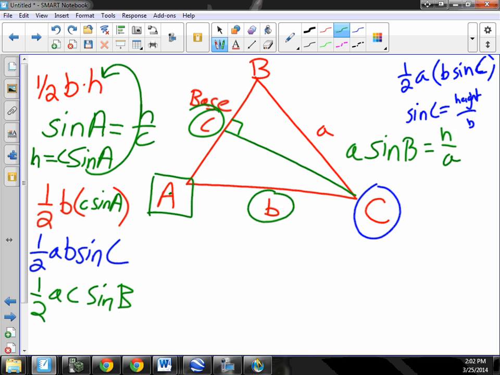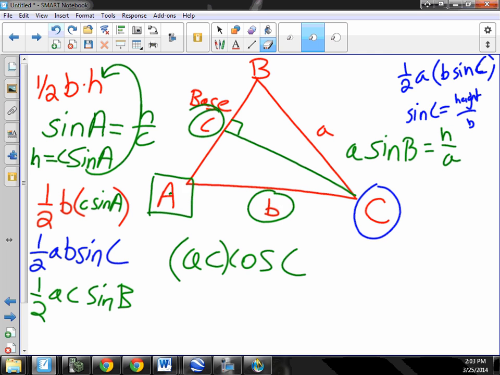Okay? Why not something like this? A times C times the, it would be cosine of C. Why wouldn't that work? Or wait, let's do, hold on a second. A C cosine of A. Oh no, that'll work. What's wrong with that? Why would AC cosine of C not work?